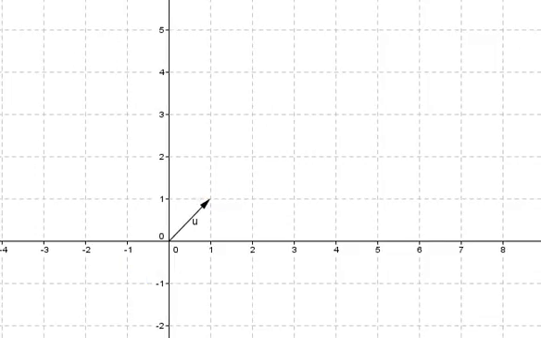Generally, when we multiply vector u by a number, let's multiply it by 2 for example, the result is a vector which has the same direction, and its magnitude is twice as big as the length of vector u.